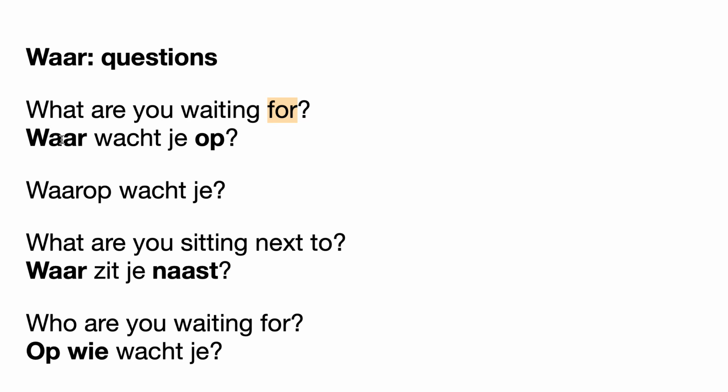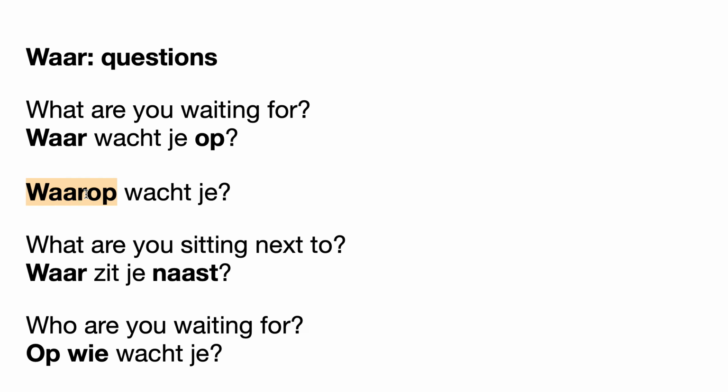Plus, you can paste them together. Waar wacht je op is the same sentence as waarop, and I'll put it in bold here, waarop wacht je. Oh my. Yes, and it's a little bit the same principle as this dat plus op. It will become daarop.